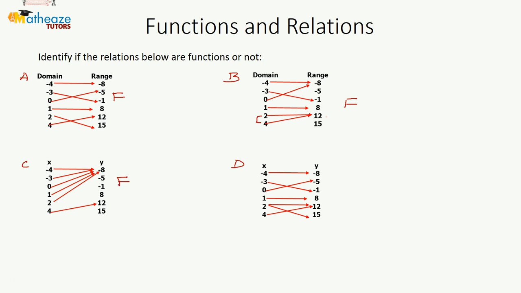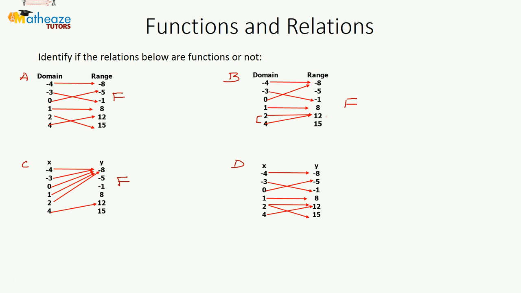Now, let's look at this relationship here and see if it represents a function. We can see that 4, 3, 0, 1 each point to one value on the range, which is the y. Now let's look at 2. 2 points to both 12 and 15.